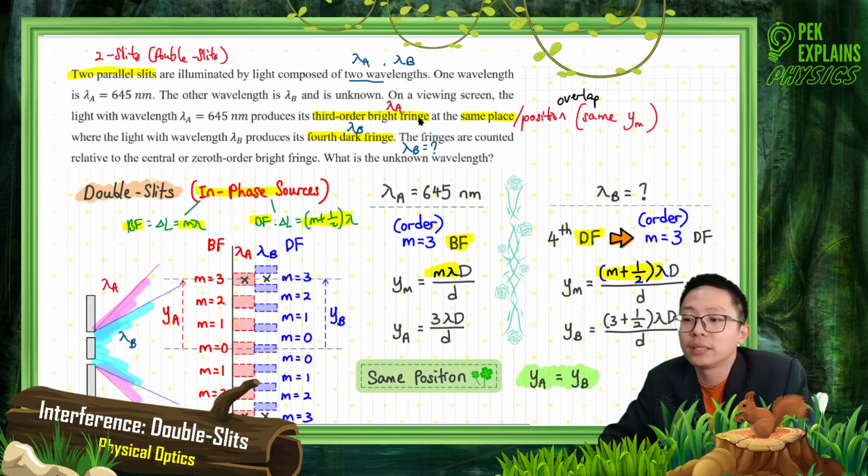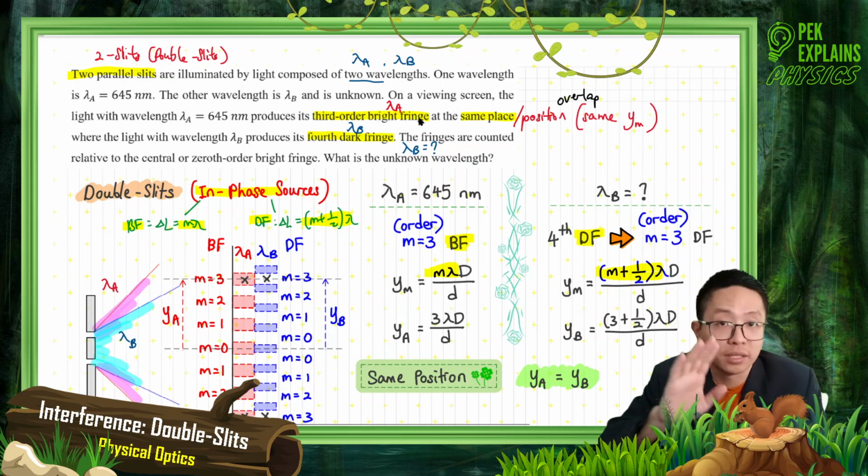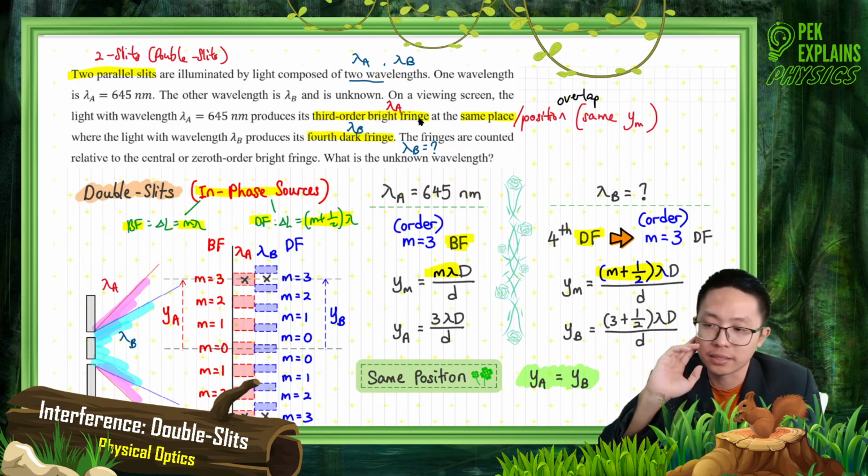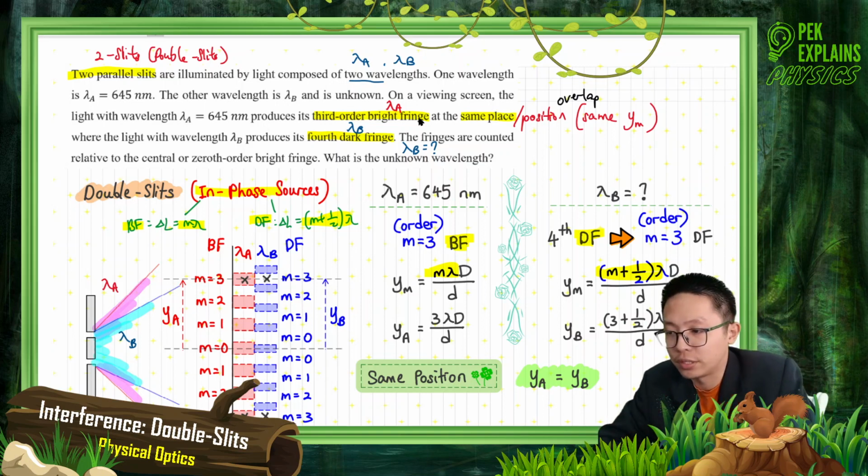Third order bright fringe is not the third bright fringe. Third order means it refers to the m value.